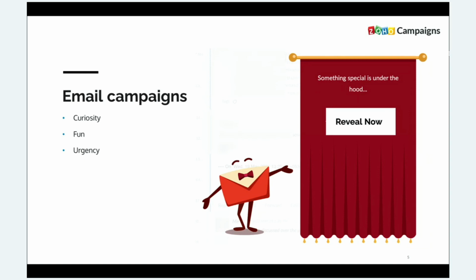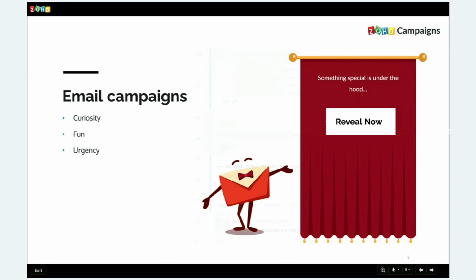So if you see on the screen, you can find a template which is created. The button that is given there is Reveal Now, so it creates a kind of curiosity in the minds of the readers. So when they click on it, maybe you can take them to another page where there is an entire article written on the update that you're going to perform. So this is another way in which you could try and send out a product update.